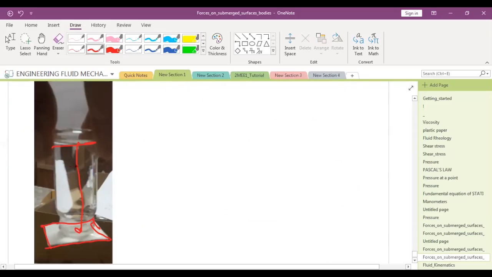What is balancing this height of water? This is simply a small piece of paper. एटमॉस्फेरिक प्रेशर, पानी का प्रेशर एटमॉस्फेरिक प्रेशर से कम है तो वो पेपर ऊपर की ओर पुश हो रहा है. Okay, so you are again correct. So atmospheric pressure from beneath is holding this water column.